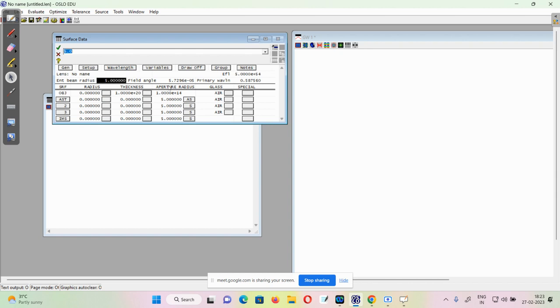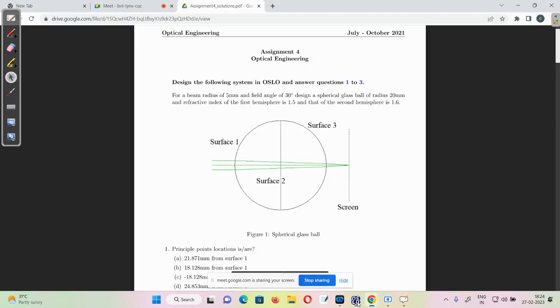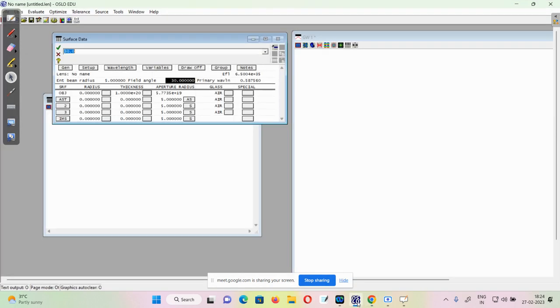Field angle I am giving 30 degrees. Now there is the object distance, which I am not going to put here, so let it be. Now I am going to reach my first surface. This is my first surface. They have given that the radius of curvature is 40 mm, I think.